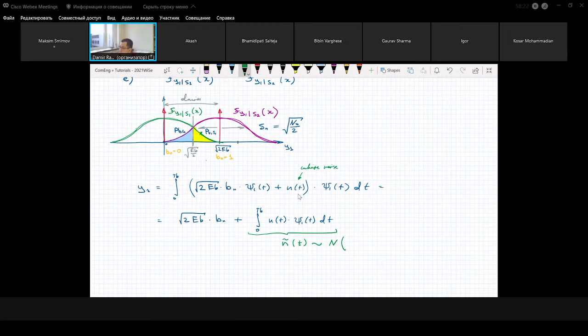After processing, this noise will also be Gaussian with zero mean and variance N0 over 2. So we can rewrite the whole expression as square root of 2EB times Bn plus some equivalent or effective noise.